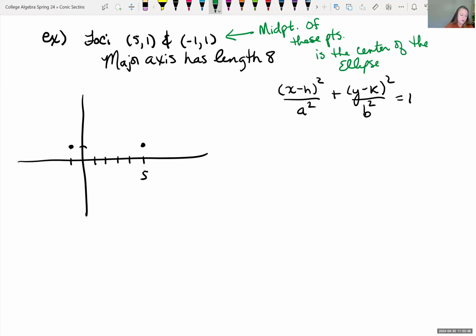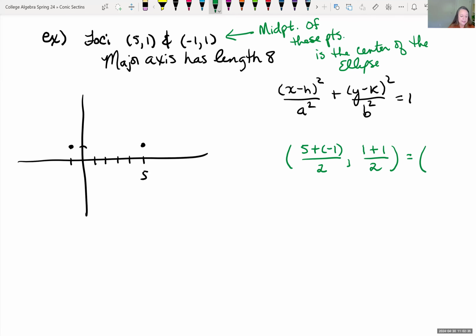So recall, we looked at finding midpoints of 2 points. Recall you add your x values together. So here I would have 5 plus a -1. And then we divided that number by 2. That would be the x value of the midpoint. To find the y value of the midpoint, we're adding our y values together, 1 plus 1, and we divide it by 2.